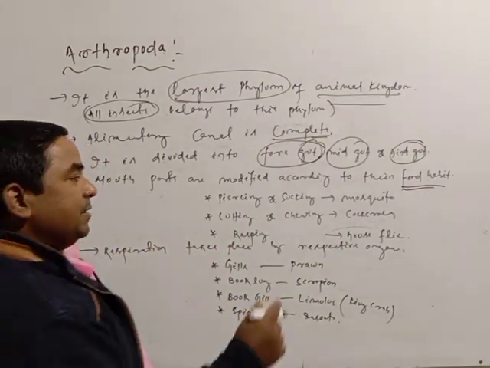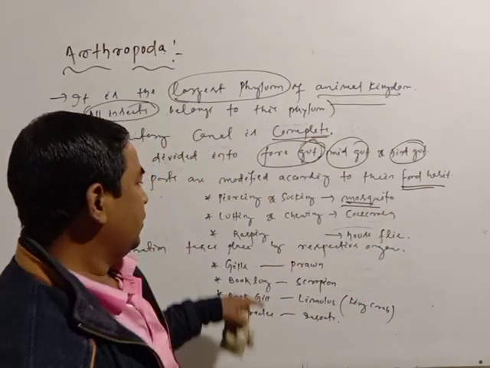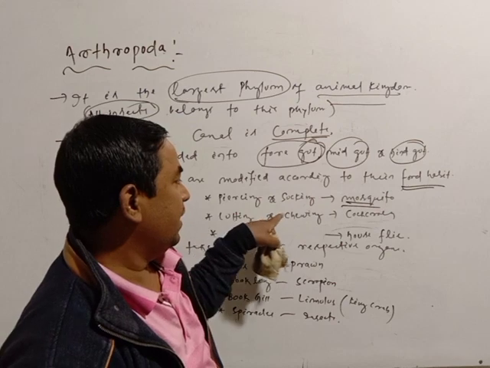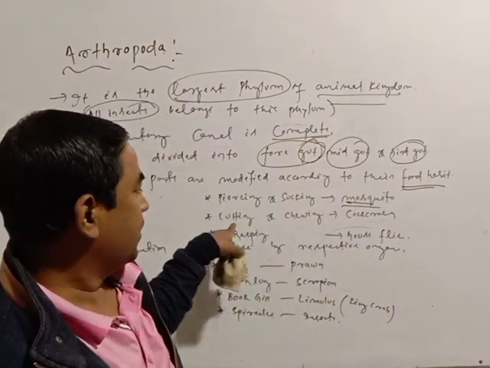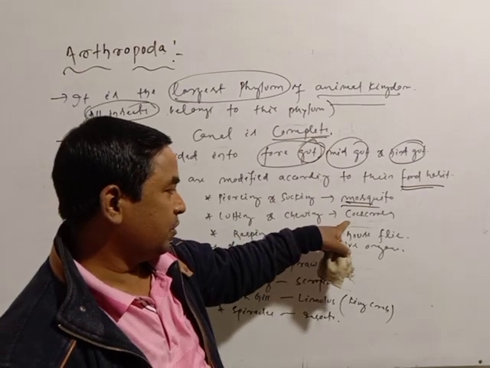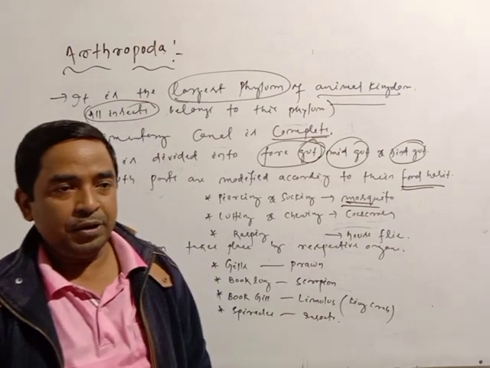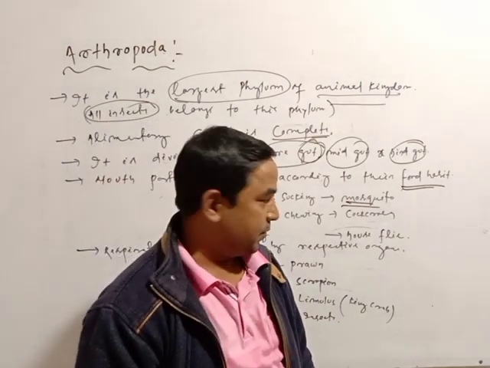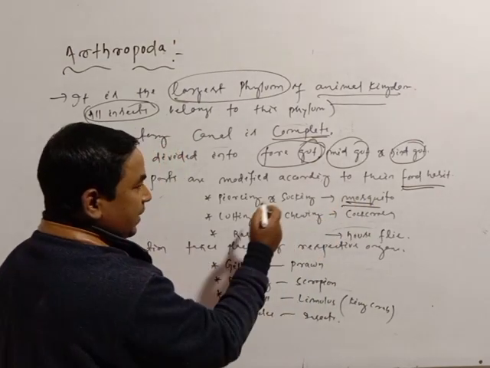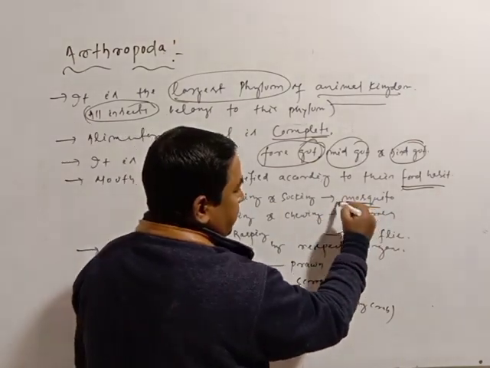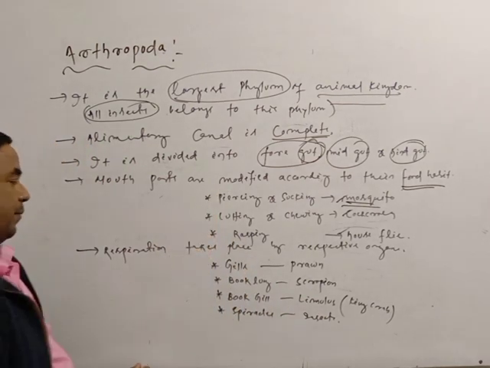For example, a mosquito has a tendency to pierce the skin or surface of the body and suck fluids. Cutting and chewing, cockroach, which has maxilla, mandible, labium, labrum and hypopharynx. Rasping, house flies. So different organisms have different food habits.